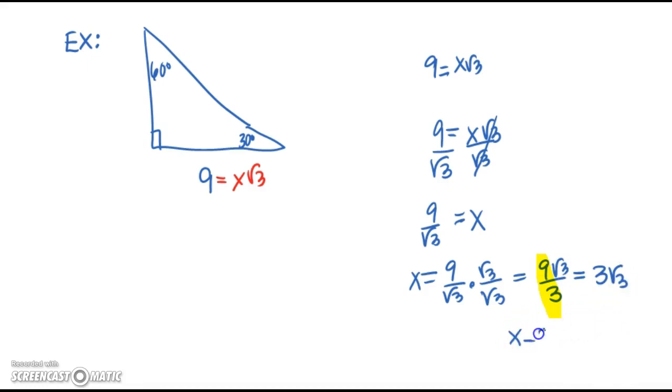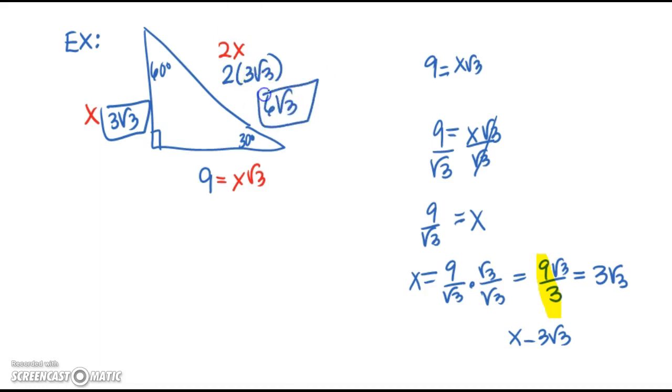And that's our x. So now going back to our triangle, replace every x with 3 root 3. This x, which is across from the 30, is 3 root 3. And the hypotenuse is 2x, so it's 2 times 3 root 3. And so it's 6 root 3.